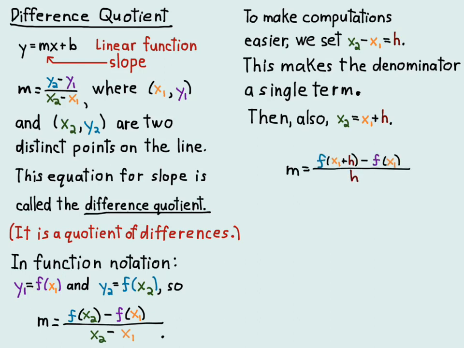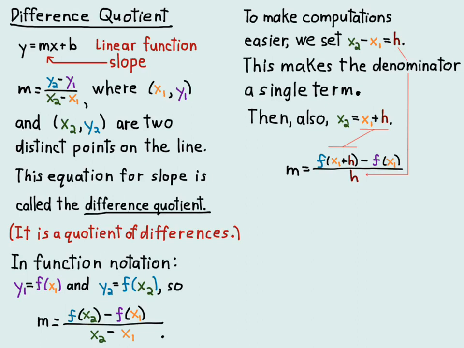And then if you plug in that x1 plus h for x2 as the input of the function f, you get f of x1 plus h minus f of x1 over h. I just made those 2 substitutions. Now I don't have an x2 left, so I only have the 2 inputs, h and x1.